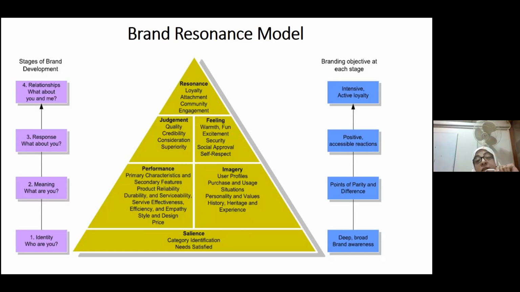If you are successful in this stage also, then your brand is going to reach the highest point of the brand resonance model, which means that your customers are now developing an intensive and active loyalty with your brand. They are not willing to consider any other competing brand when they think of purchasing something within the same product category.